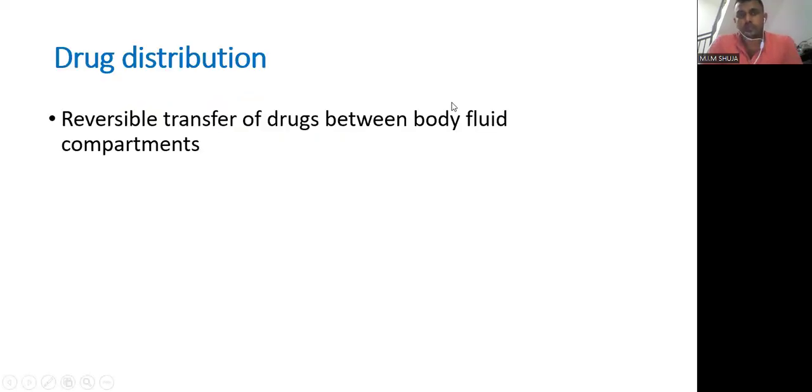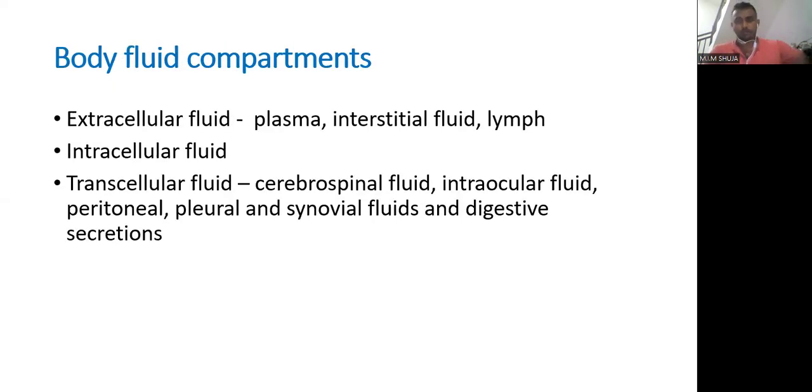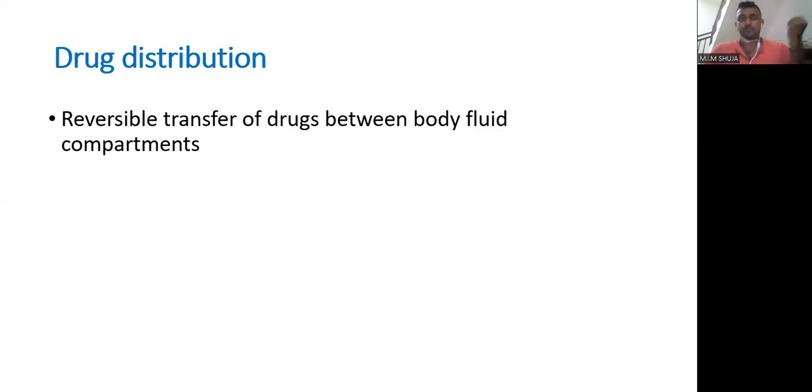So drug distribution is the reversible transfer of drug between body fluid compartments. So what is drug distribution? Now we have taken some chemical or some drug, via oral, IV, IM, any route.